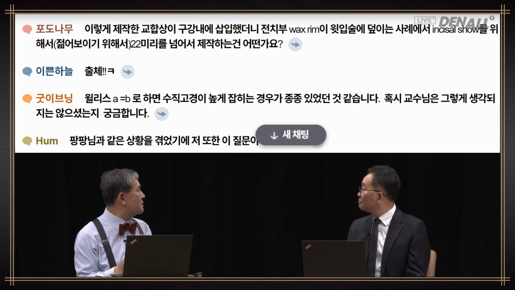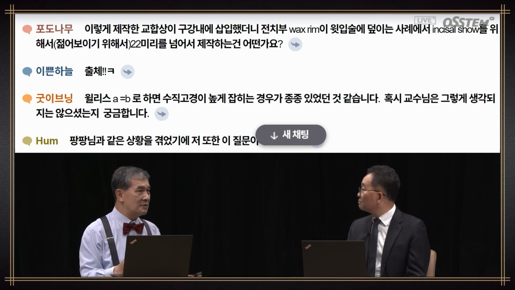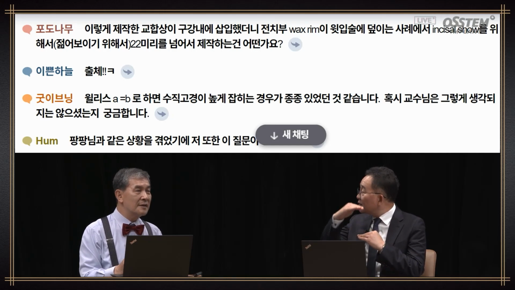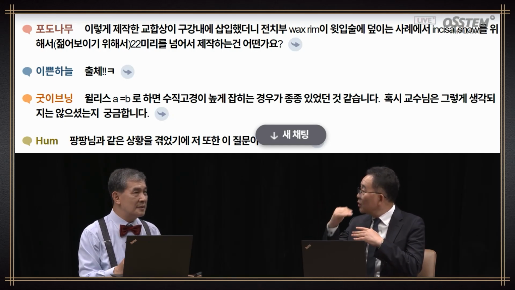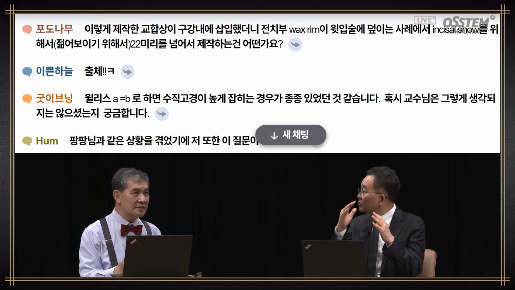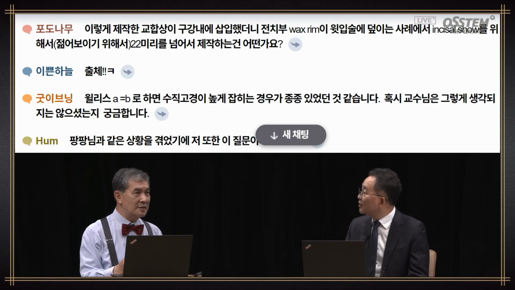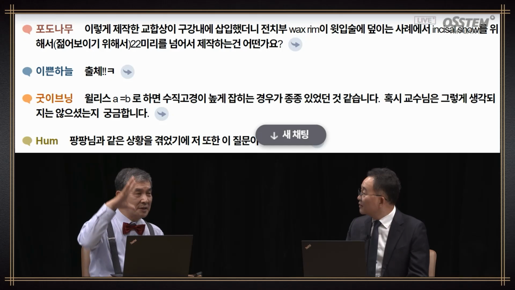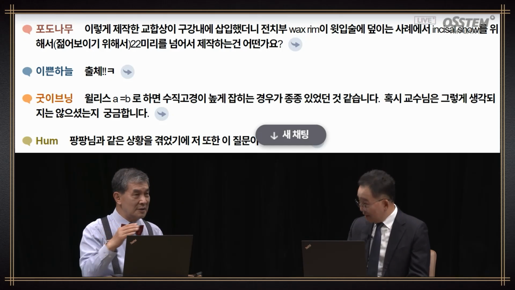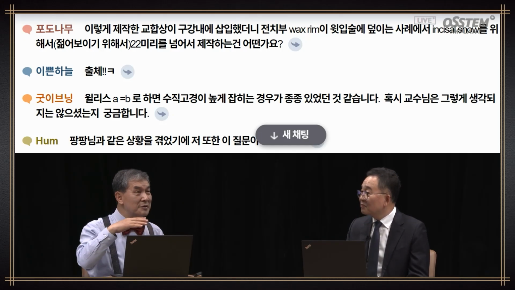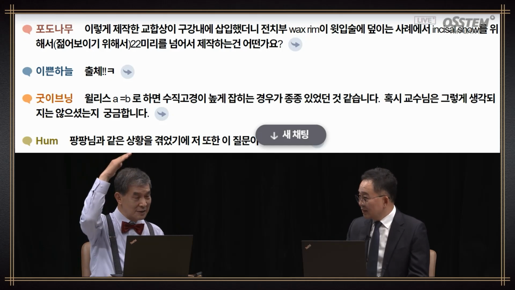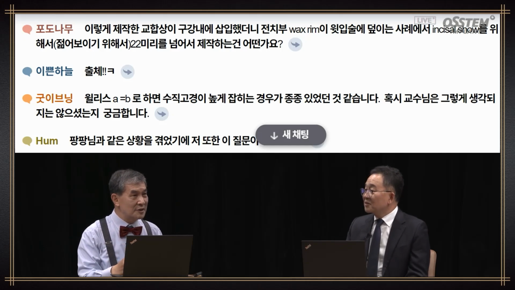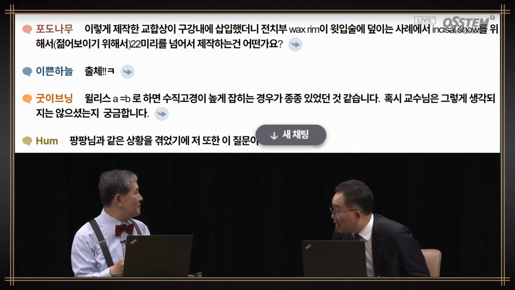For incisal view, what if I fabricated over 22 millimeters for the patient to look younger? It's give or take 22 millimeters, and you need to adjust accordingly to the patient's situation. Our facial length and form are all different, and 22 millimeters is an average figure, and depending on the patient's face and the situation, it may differ.